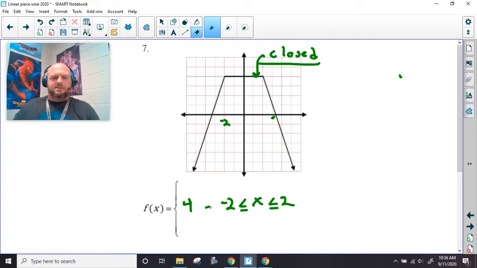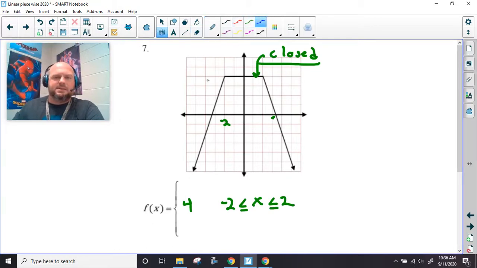Okay, so that's that one. All right. Let's get this left-hand side, this one right here. This looks like, let's see, this point right here is solid, and this point right here is solid.